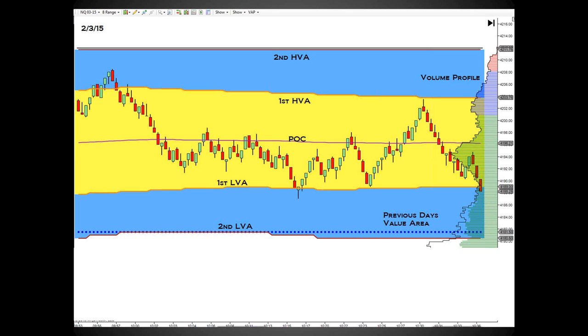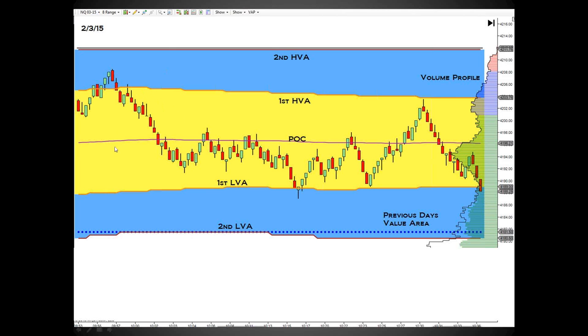So this is our market profile chart that we use to trade off of. And this is Tuesday. I thought I would use Tuesday because it was a choppy day. Actually, most every day this week had a period of chop, and rather than show you price taking off in one direction or the other for runaway trades, I thought I would show you a time when we have a lot of chop.